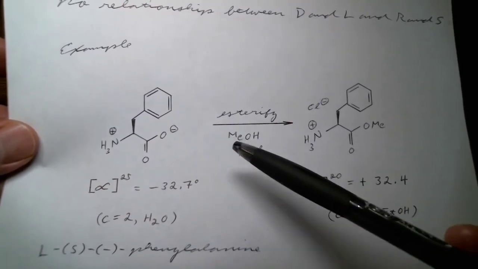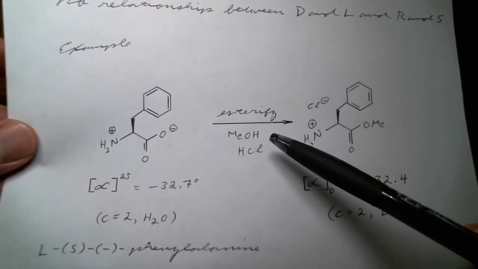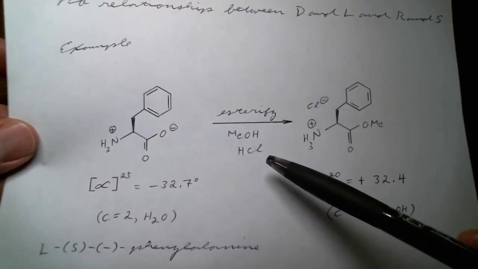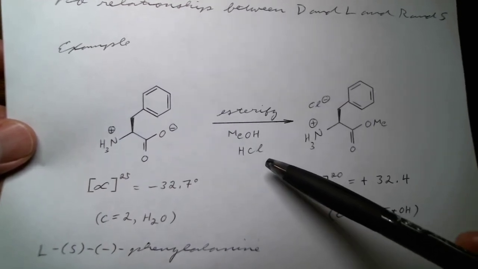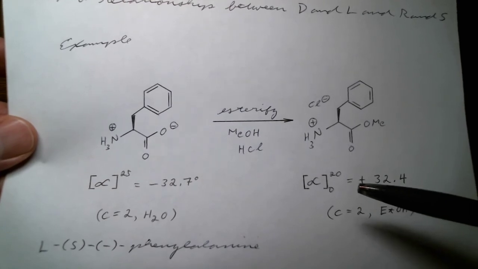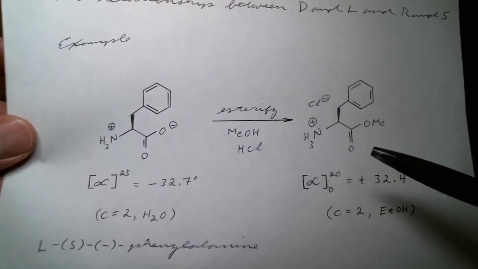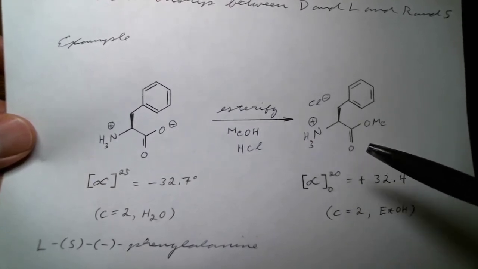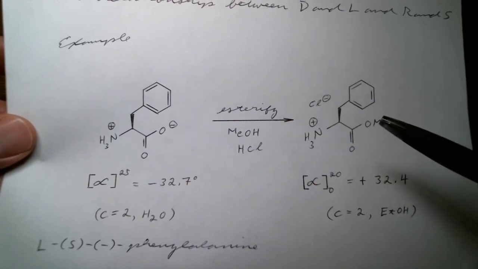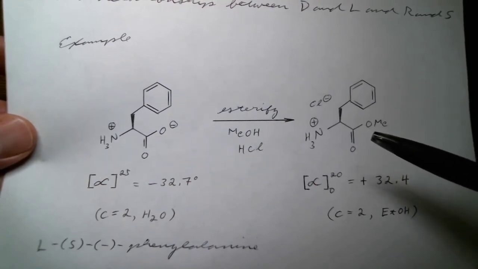The way we would do it is we would add methanol and a little bit of strong acid catalyst like HCl. And so we could end up with this methyl ester of L minus phenylalanine.